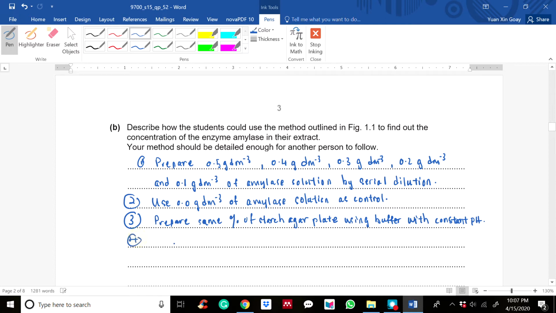Number 4, pour 20 ml, or pour the same volume, of agar solution in petri dish and let it solidify.